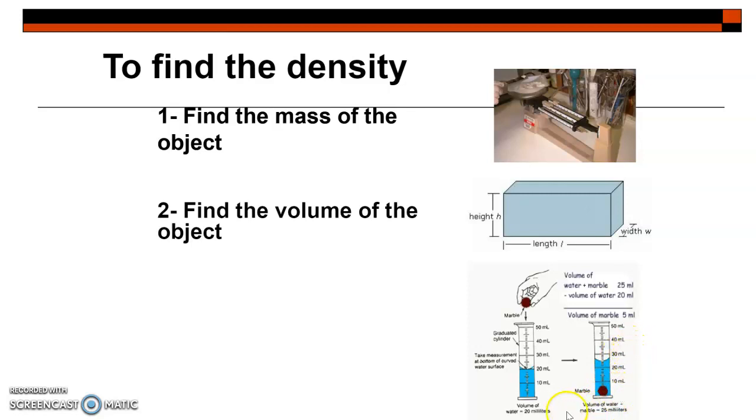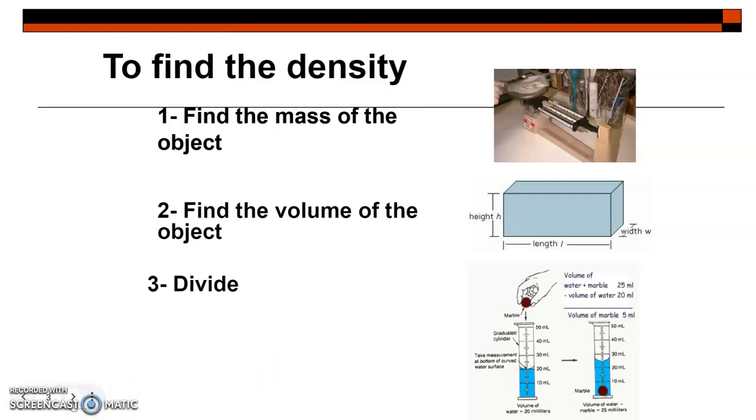So 25 minus 20 would just be 5 mils. So for this marble, its volume would be 5 milliliters. So that's how you find the volume of an irregular object. If it's something like a rectangle, you can just do height times length times width. If you're using a graduated cylinder, you basically measure the displacement of the water to find the volume.